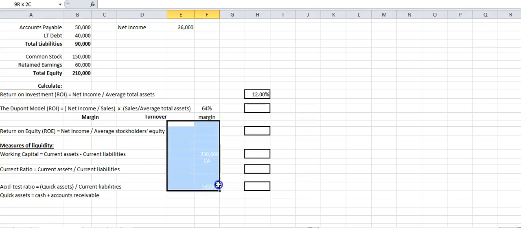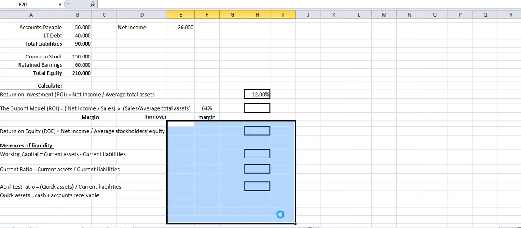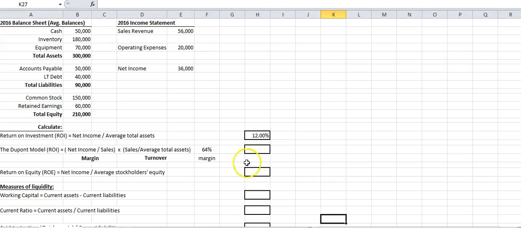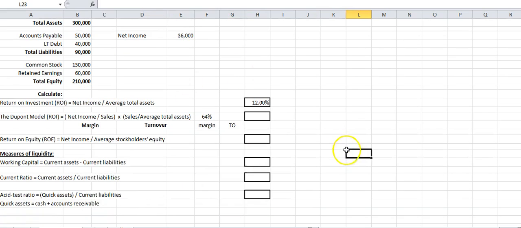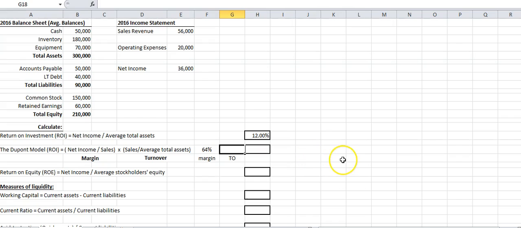Okay, so that's my margin. So let's do the turnover. We'll put the turnover over here. And turnover is going to be equal to sales divided by average assets. So that's my turnover.